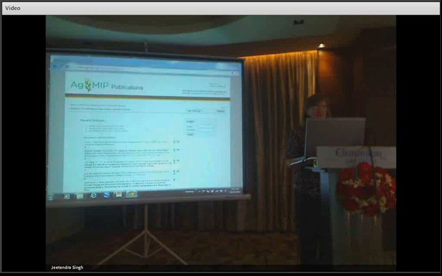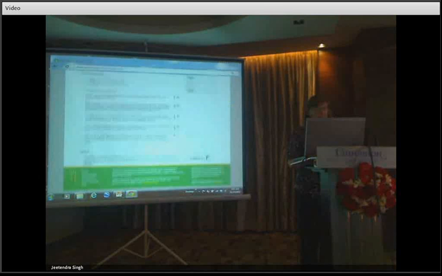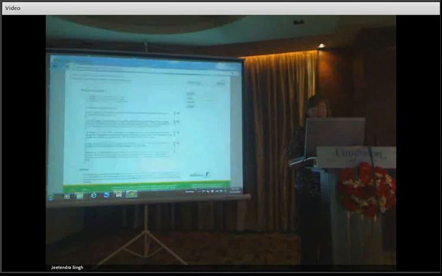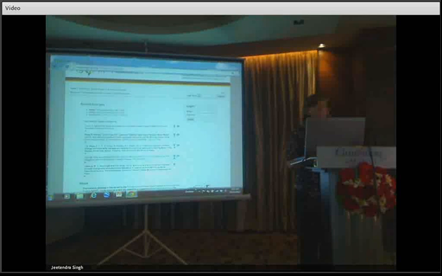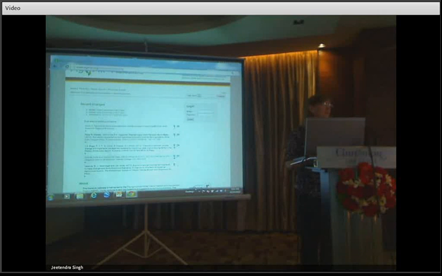Okay, so what we've got here now are, I think we've got 15 or so publications in here, maybe more. These are all AgMIP related publications. So as you produce publications, we want to load them into our database so they're searchable. We also want to be able to provide PDFs. If the author gives permission, we are allowed to disseminate that information. So those would have to come from you.